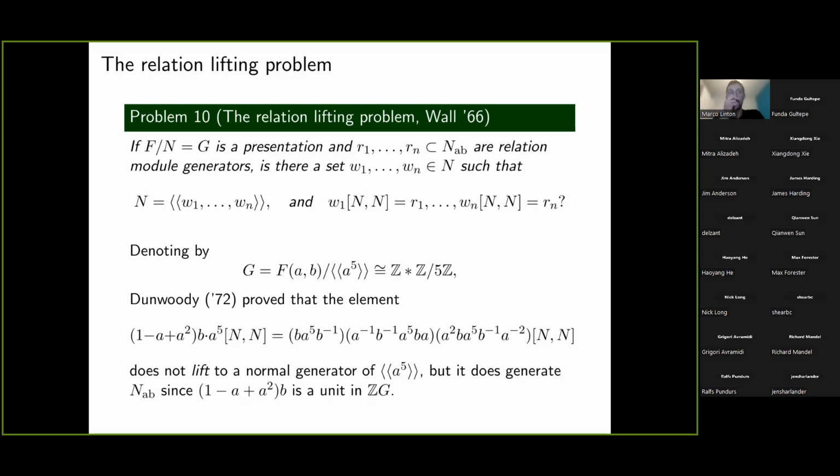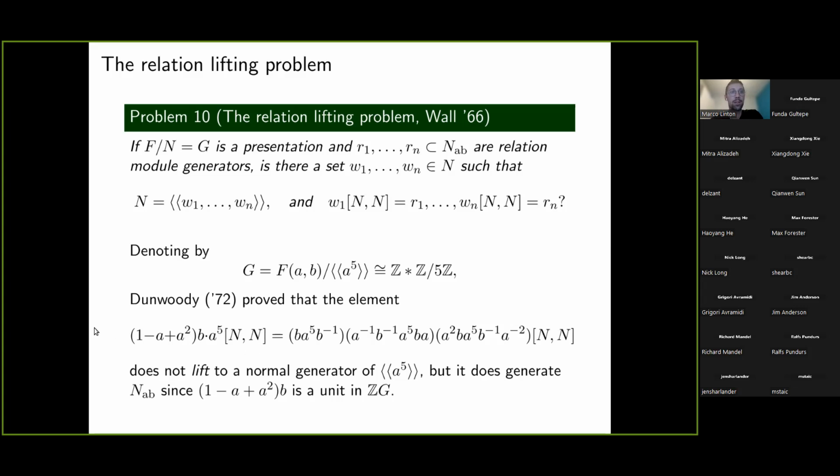So what is this element? This group has torsion. The idea is that Dunwoody is using non-trivial units in the group ring of this group to shift the standard generator of the relation module, which comes from a generator of the normal subgroup, to something which, on the face of it, has nothing to do with your original generator, but this is just a product of conjugates of the generator.